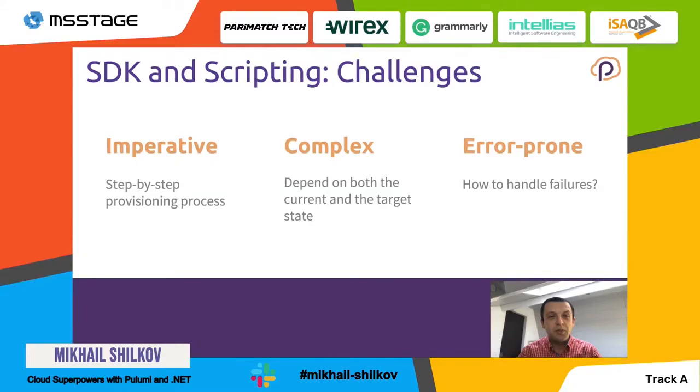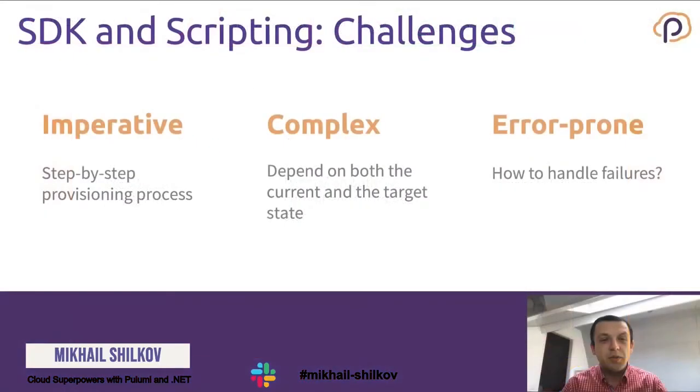It's very imperative, so in order to create multiple resources, you have to define step by step the exact execution process of what needs to be created or what needs to be updated. And it's okay when you just create a new environment, but then your environments probably live for weeks or months or years, and then you end up creating a lot of upgrade scripts where you need to migrate your existing production environment from its current state to some new state that your application requires.